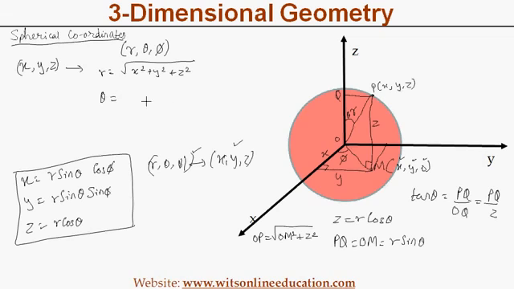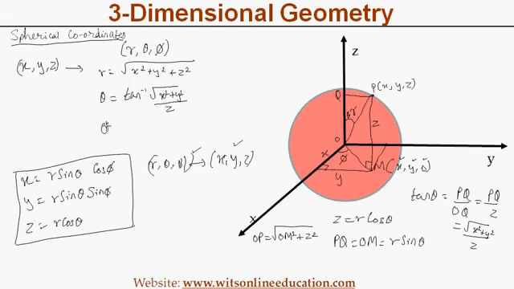So tan theta is the square root of x square plus y square, which is the length of OM, which is also PQ, upon Z. So theta is tan inverse of the square root of x square plus y square upon Z.